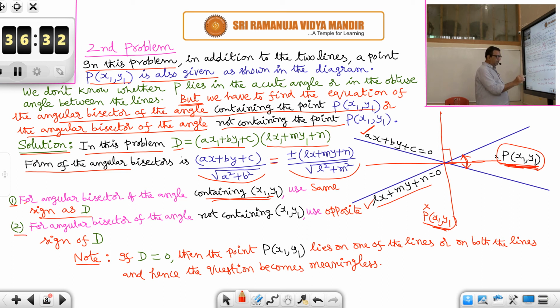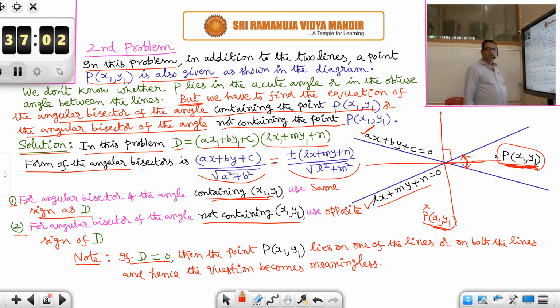In the second case, if the angular bisector of the angle not containing x1, y1 is asked, we have to use the opposite sign of D. Same sign as D gives the equation of the angular bisector of the angle containing the point. Opposite sign of D gives the angular bisector of the angle not containing the point. That's all.